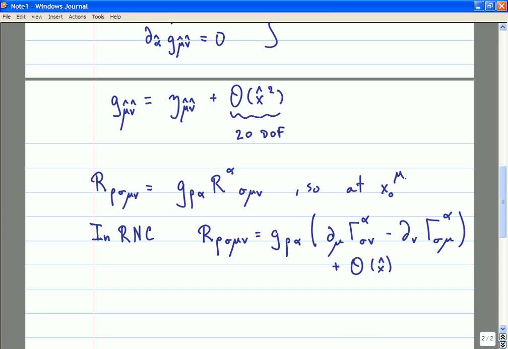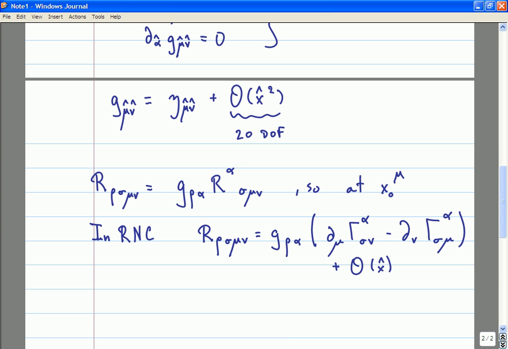So here we are evaluating the Riemann tensor at the point x naught, where the first derivative of the metric vanishes. It's important to realize that although the first derivative of the metric vanishes, and so the Christoffel symbols vanish at the point x naught, their derivatives do not. So the second derivative of the metric and the first derivative of the Christoffel symbol do not vanish.